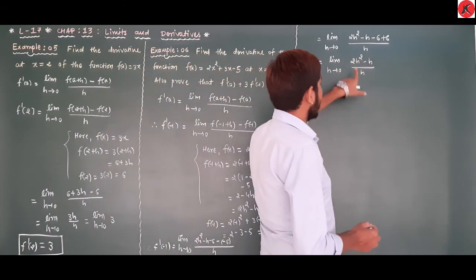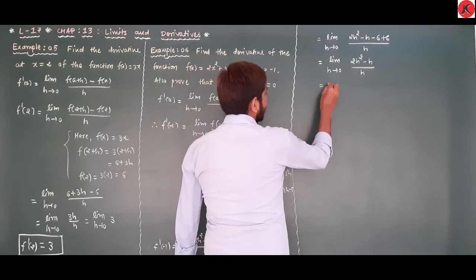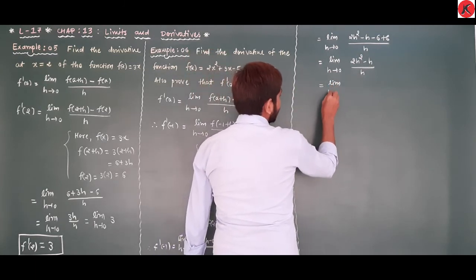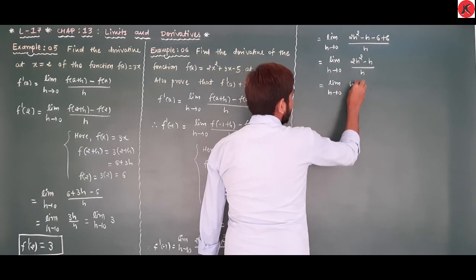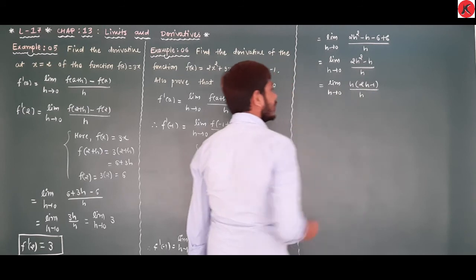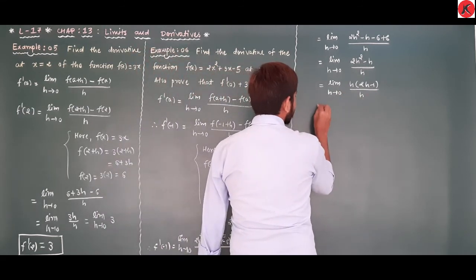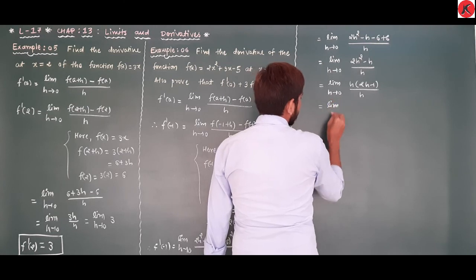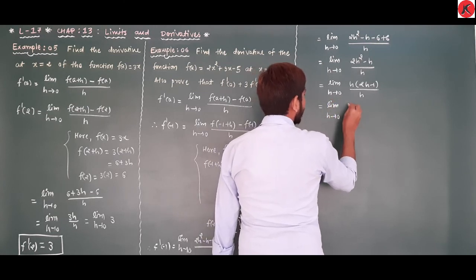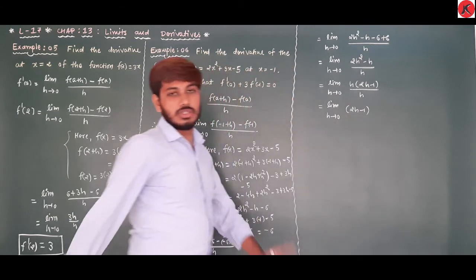h. We have to remove h, and it is clearly seen here limit h tends to 0, h is common from the numerator as well as the denominator. The h in the denominator will get cancelled. Therefore we are getting limit h tends to 0 2h minus 1 and our denominator becomes 1.